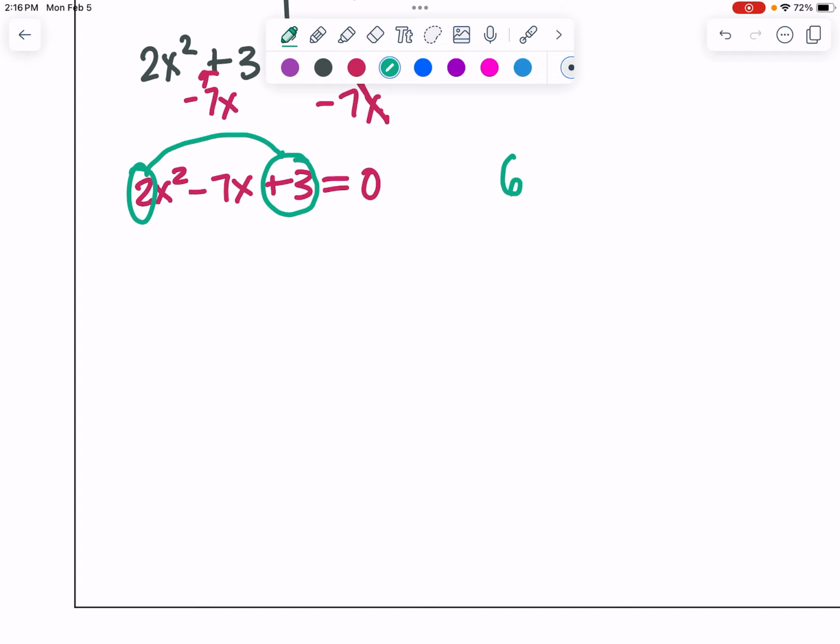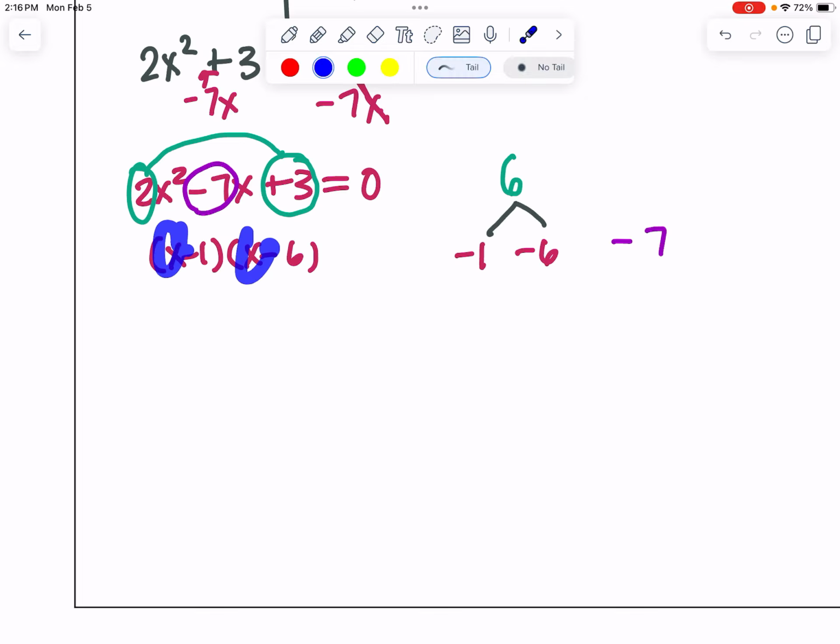So I need two numbers that multiply to 6, but add to this -7. And so those numbers are -1 and -6. And so you can't just skip to x minus 1, x minus 6, because that wouldn't multiply back to give you a 2x squared. So that's why we have to do this the longer way.